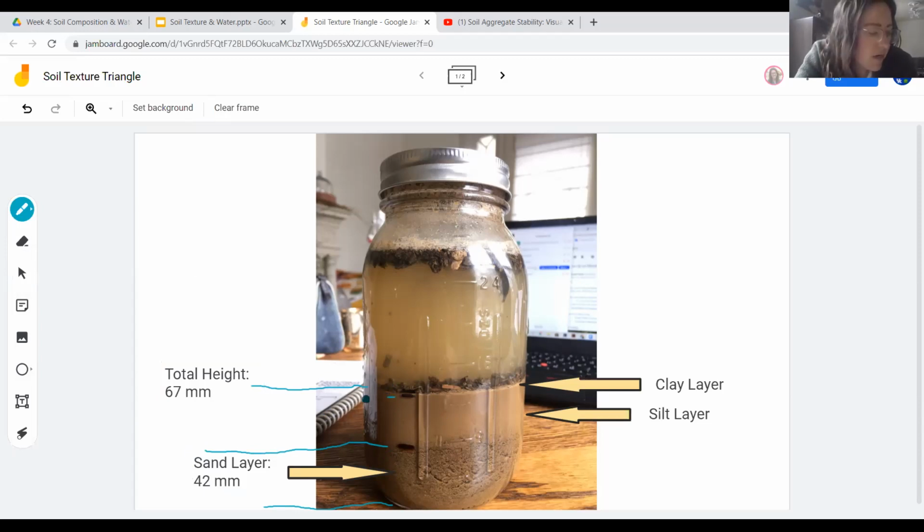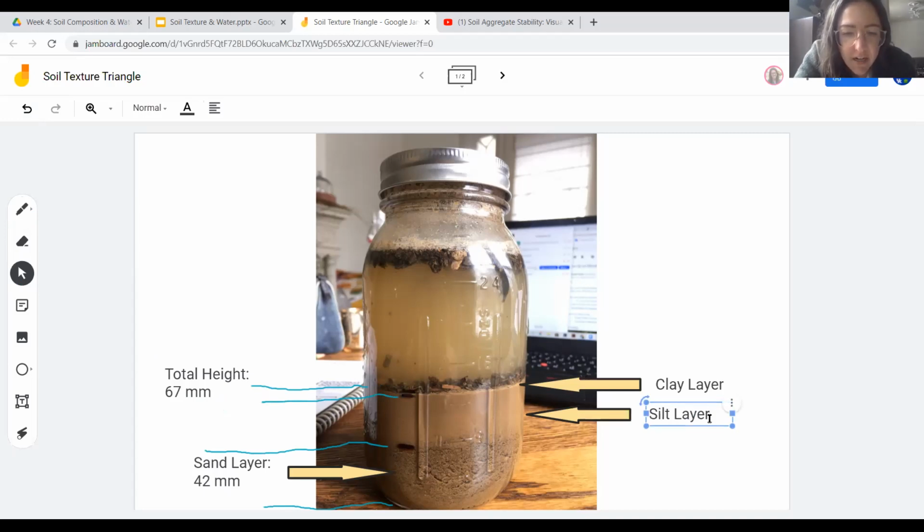And that was 23 millimeters. And then I don't know if you can tell the difference between those 2 tiny black marks at the top, but my clay layer is the space between the second and the third black line, and that was just 2 millimeters, so very small.